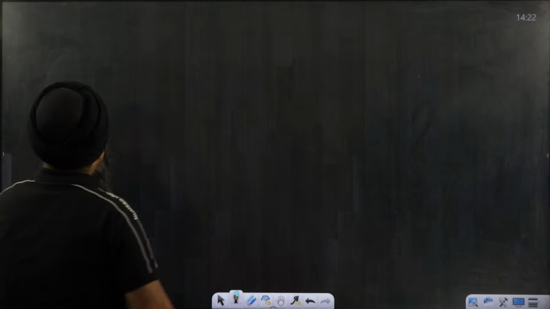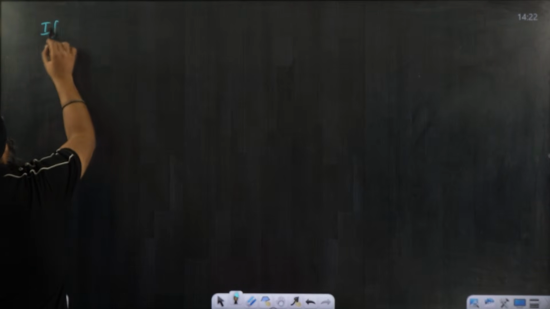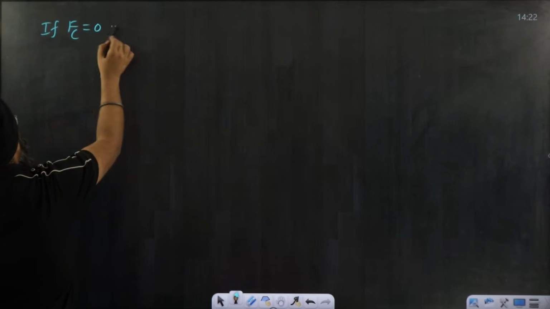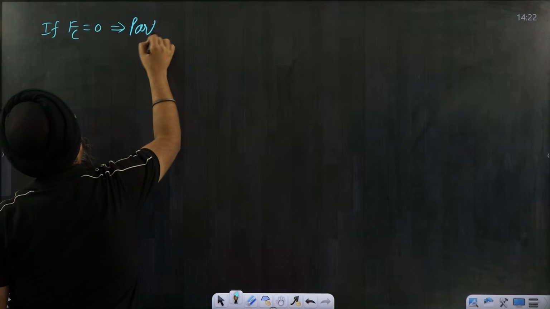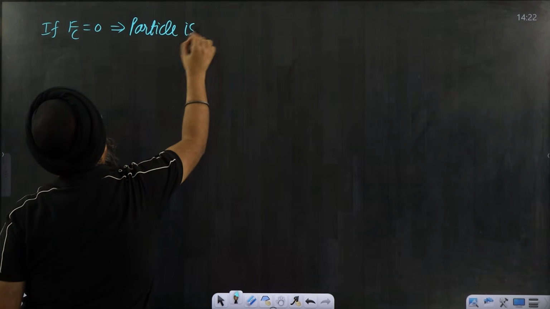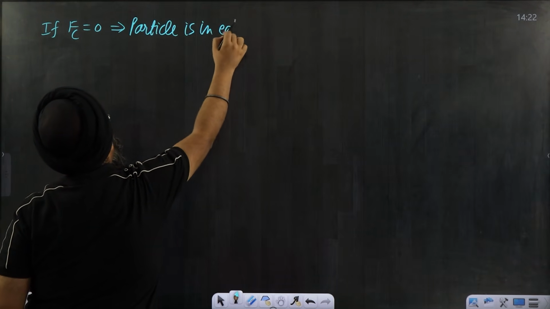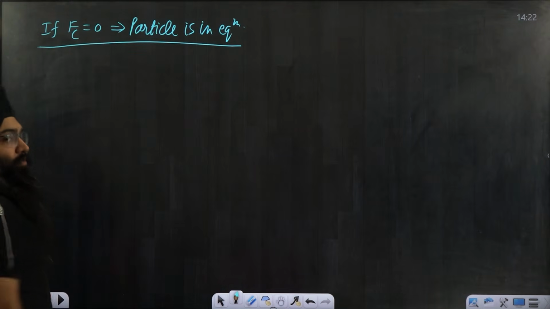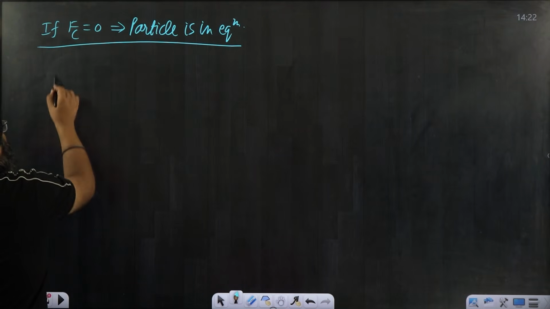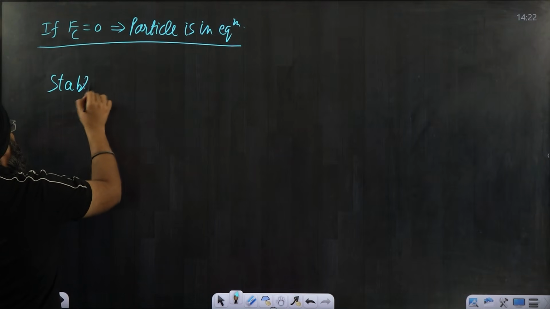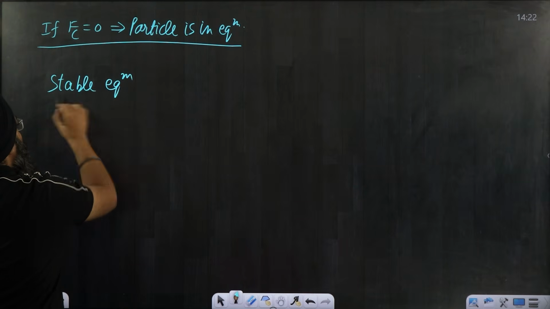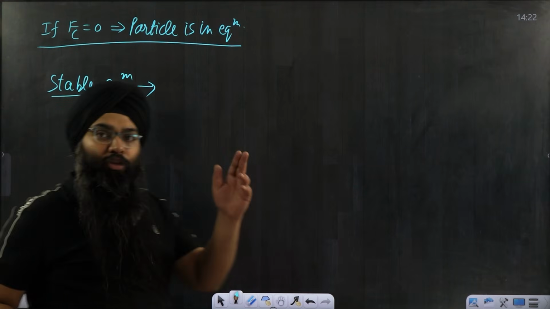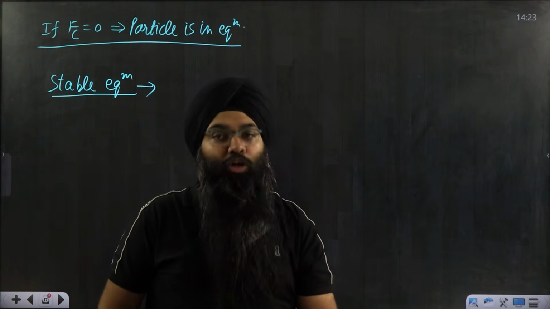One more thing let me tell: if your conservative force is 0, then I will say that the particle is in equilibrium. Now equilibrium can be of two types. If it is a stable equilibrium, it means you displace the particle from the equilibrium position and the particle again comes back to the equilibrium position.